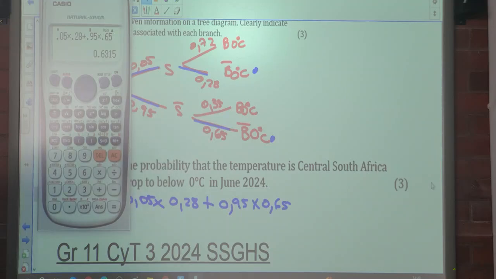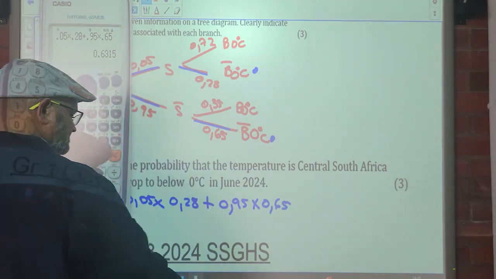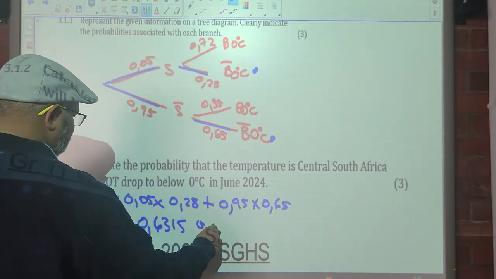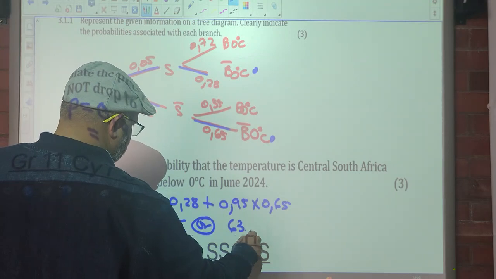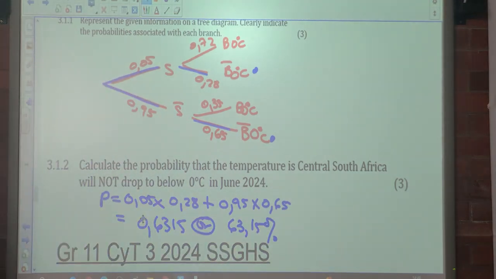The answer is 63.15% or 0.6315. Either would give you the 3 full marks.